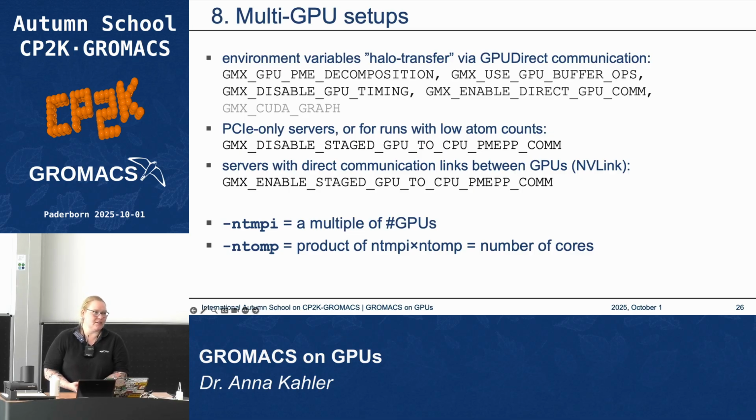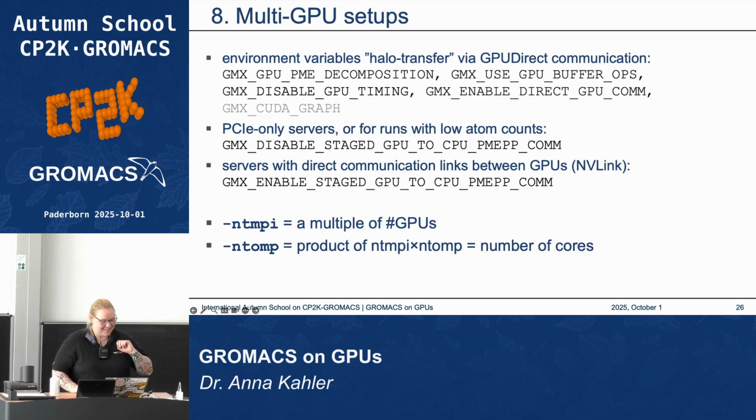Also 6, but that probably doesn't work because it then has 3 in there, and GROMACS and some numbers is also a bit complicated. So a multiple of GPUs, because then you can run two ranks on one GPU if you set it to 4 when you have 2 GPUs. Does that make sense? Okay.